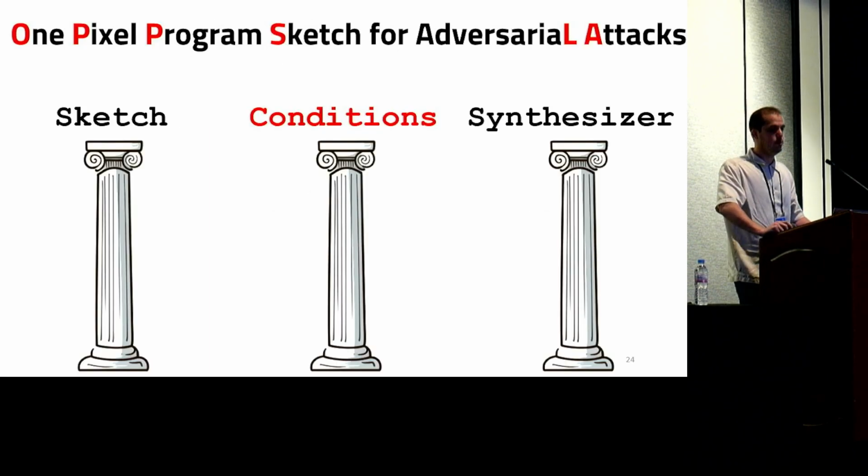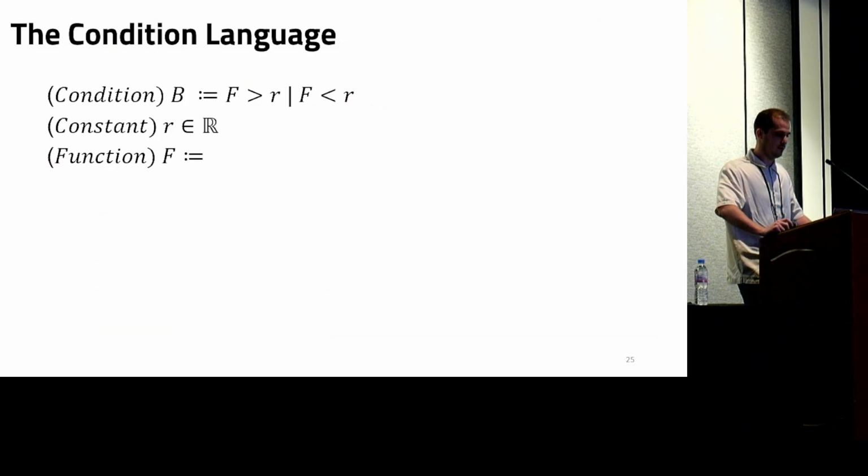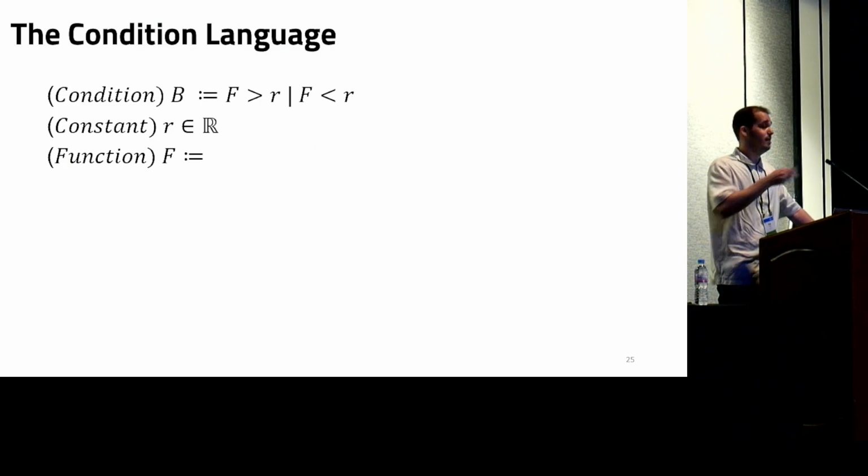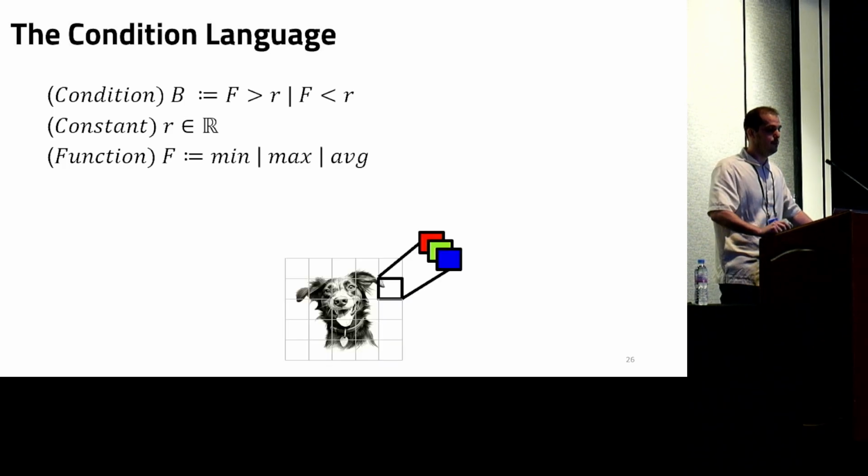Let's now talk about the conditions that determine the dynamic prioritization in our approach. The conditions take the form of a comparison between a constant R and the function f. There are a few possibilities for what this function might be, which are all based on previous post-hoc analysis of 1-pixel attacks. Firstly, f could compute the minimum, maximum, or the average value of the RGB values of the pixel that is being perturbed.